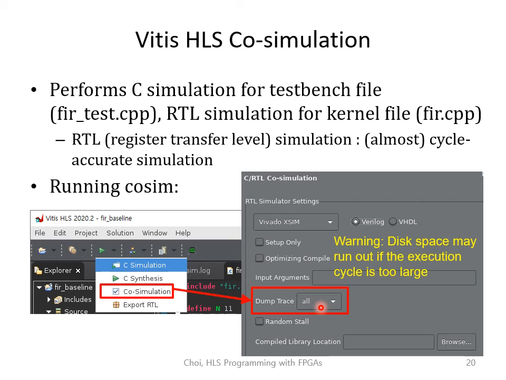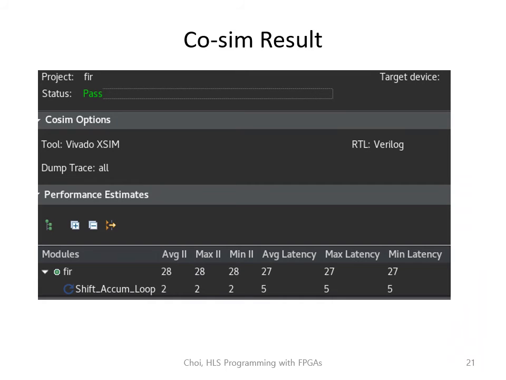But this time, let's change the dump trace to all and click on OK to run the co-sim. When the co-sim is done, it will tell you the execution time. The latency number should be 27, and the II of the function call should be 28, which is the same as the synthesis report.